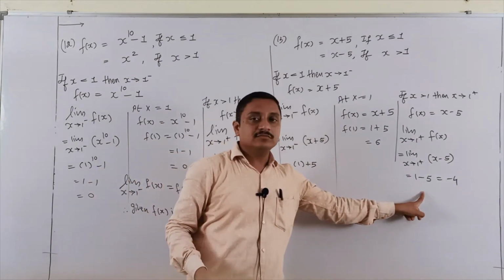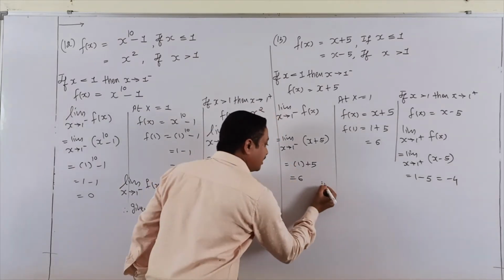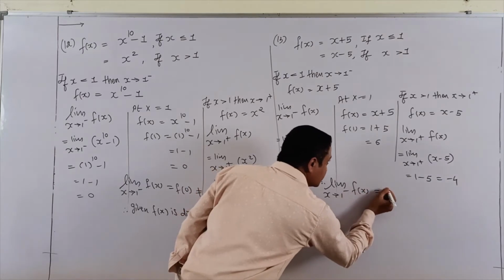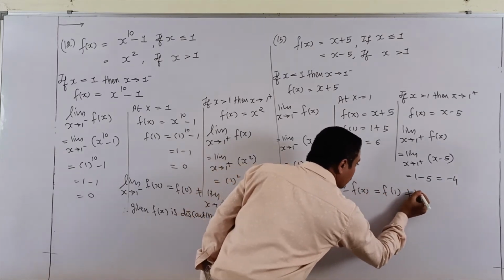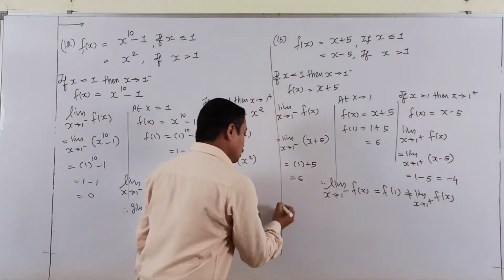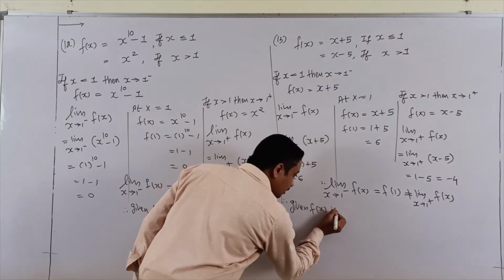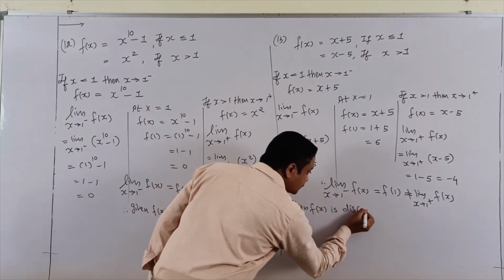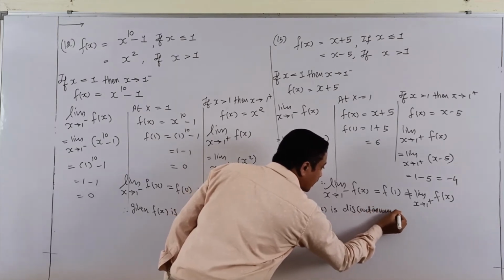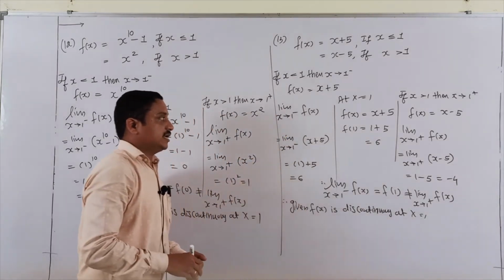Now checking, all are saying no. So surely it is discontinuous. So finally I am showing that limit x tends to 1 negative of the function is equal to f of 1, but not equal to the limit x tends to 1 positive. So the given f(x) is discontinuous at x is equal to 1.